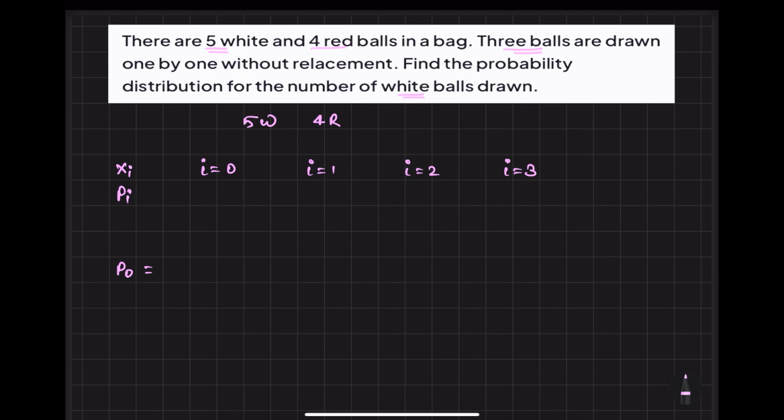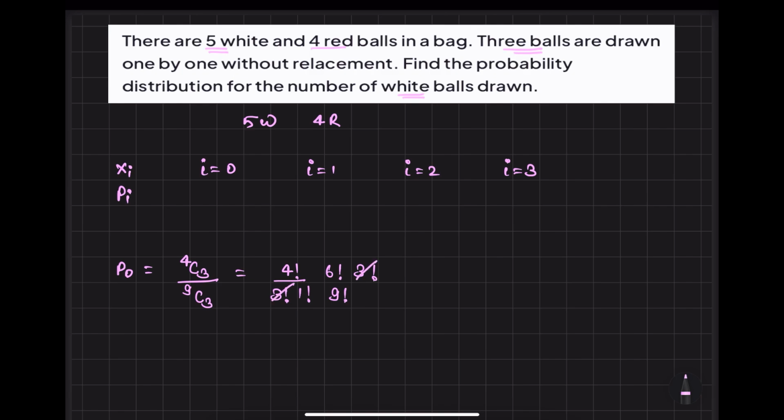So out of 4 you have to choose 3, so it is 4C3 upon the total number of balls, which is 9, so 9C3. You have to simplify this, so we will be left with 4 factorial, then 3 factorial and 1 factorial, and 9 factorial, 6 factorial, 3 factorial.